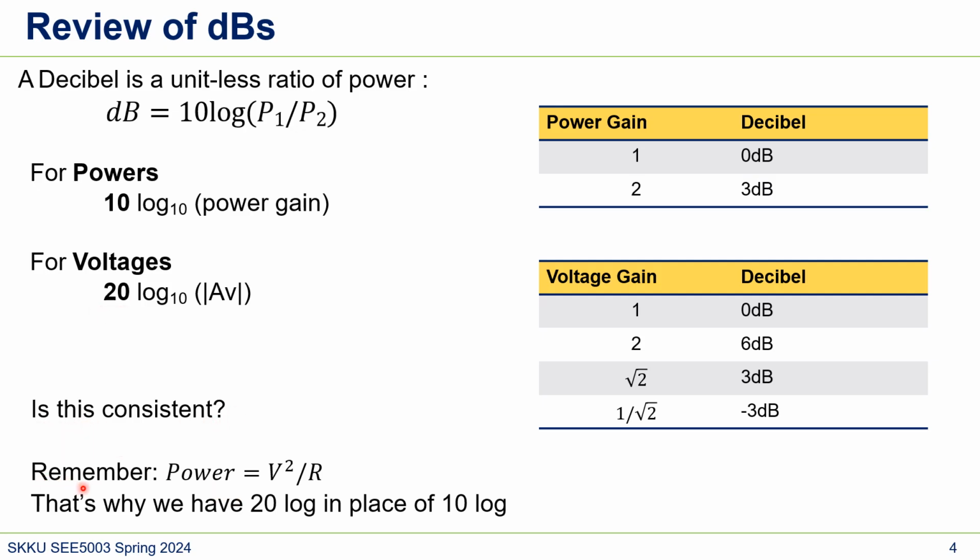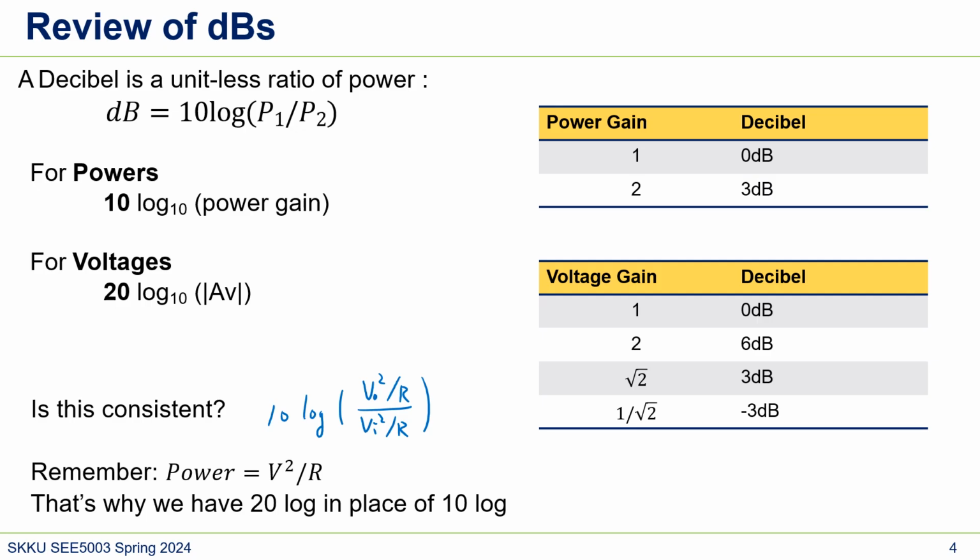Yes, because power is V squared over R, right? So it's 10 log of V squared over R, let's say VO squared over R. R is the load resistor, load impedance or resistance.